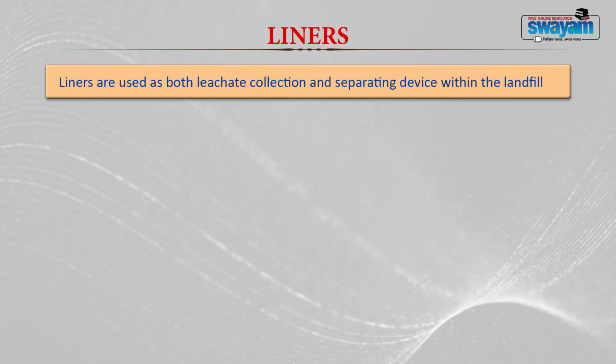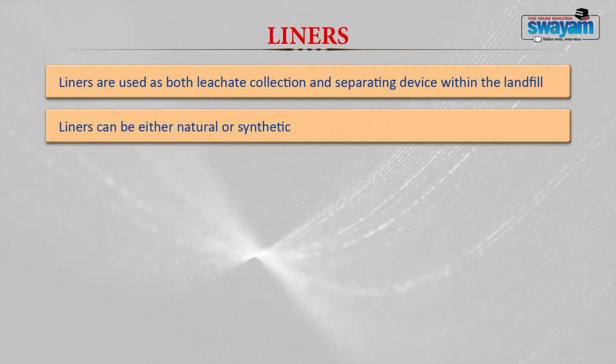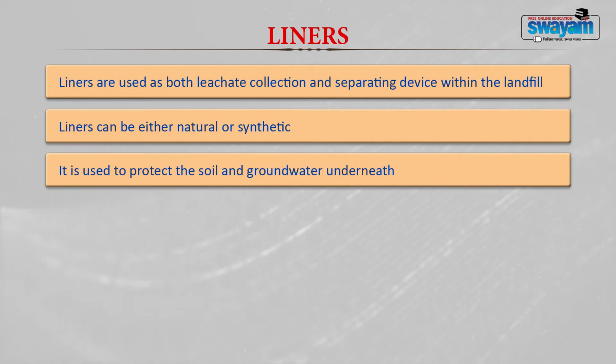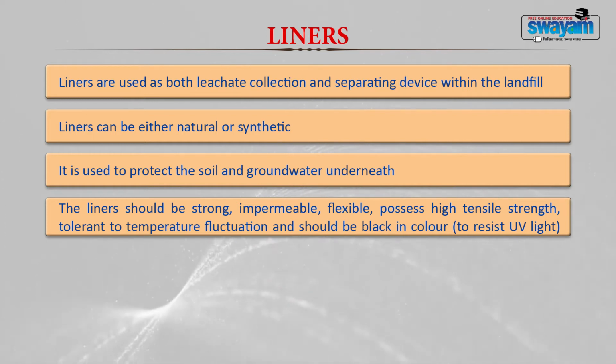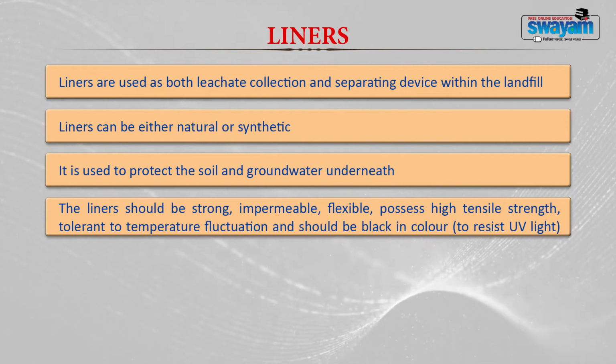First are your liners. Liners are generally used as both leachate collection and a separating device. Liners can be natural or synthetic. They are generally used to protect the soil and groundwater present underneath from leachate entry and further contamination. The liners should always be strong, flexible, impermeable, possess a very high tensile strength, be tolerant to temperature fluctuations and be black in color to resist UV light.